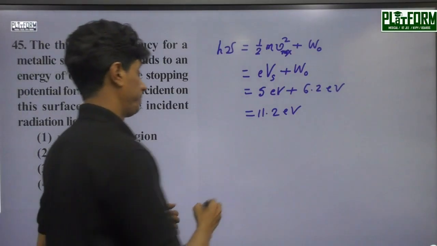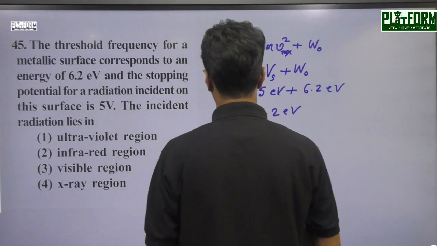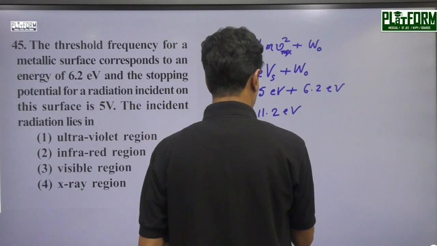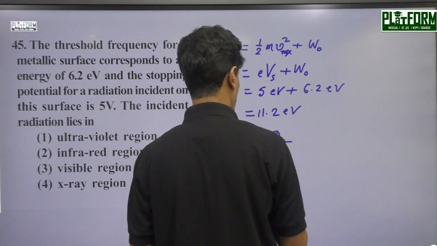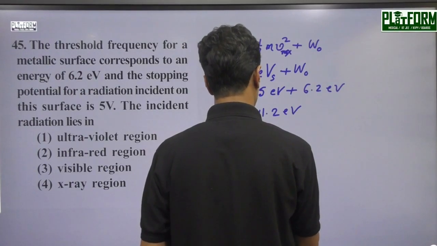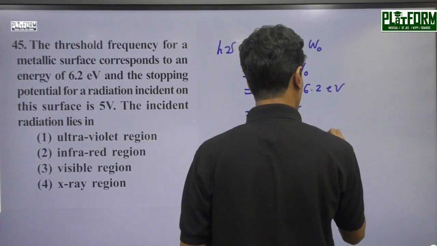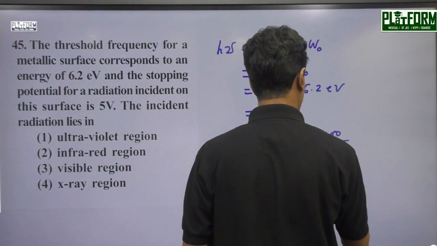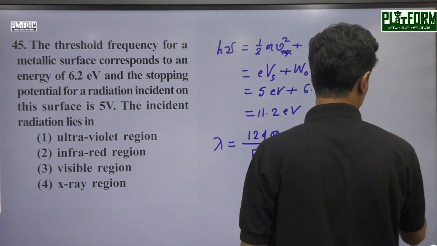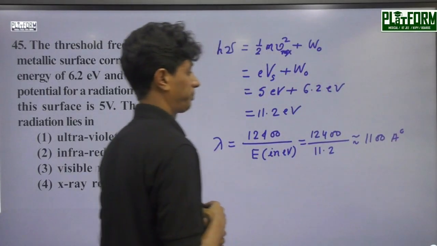And in this way, lambda is equal to 12,400 by E in eV, I mean 12,400 by 11.2, and it is approximately 1100 Angstrom.